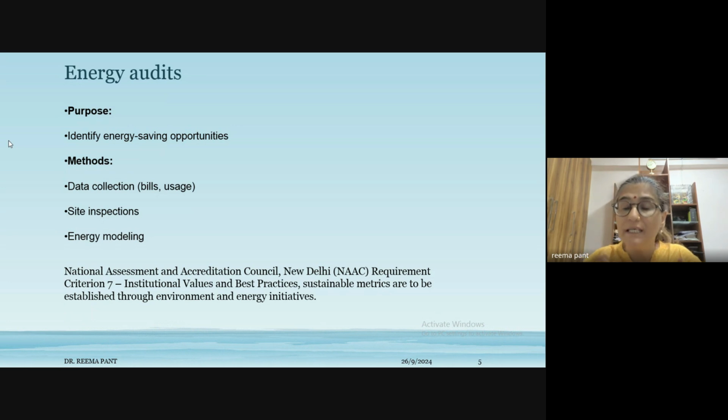IQAC takes on this responsibility in consensus with the principal and others, and forms a committee which delegates them the task of doing these internal audits for various aspects. Once those audit reports come, we see if there is something lacking or wrong or something which can be changed. We first do our internal corrections, and then we invite people from outside to do these energy audits.